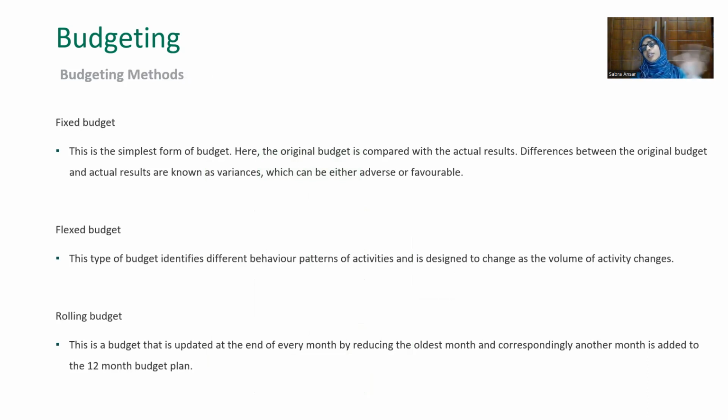The difference is identified and considered as variances, and it can be adverse or favorable. As I explained, for income, favorable is when the actual amount is higher, and adverse is when the actual amount is less.